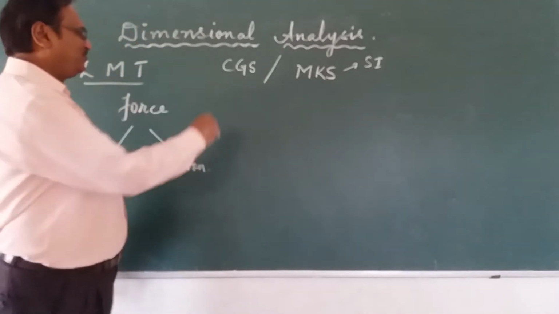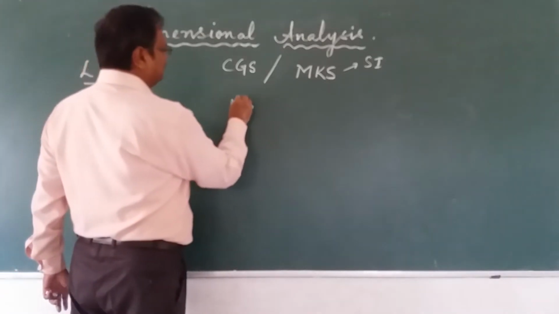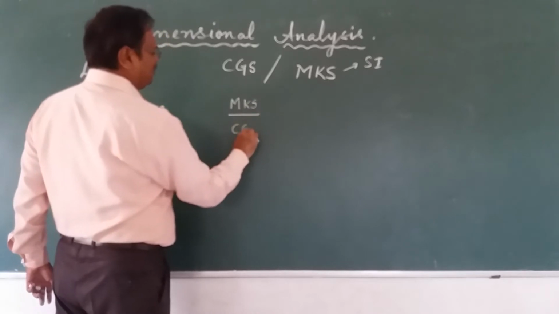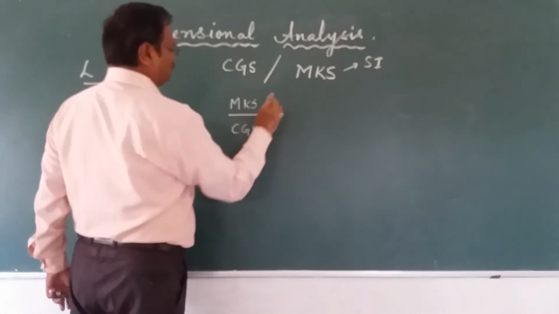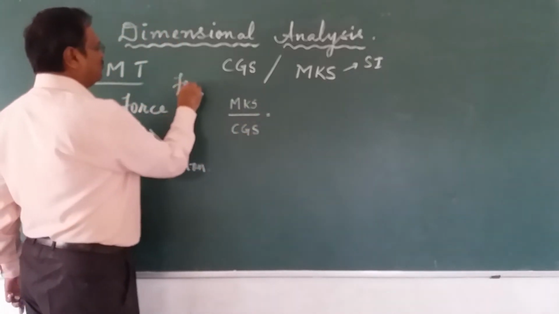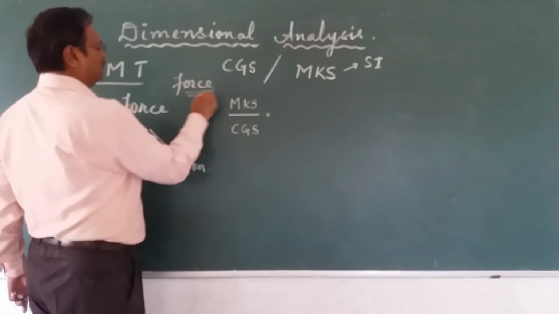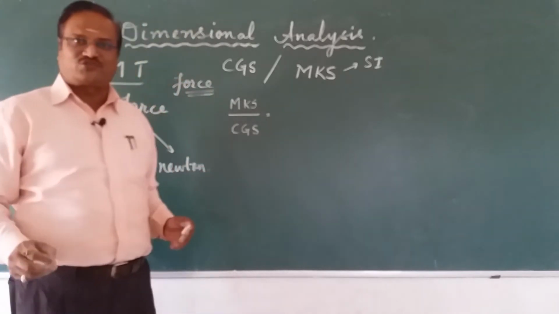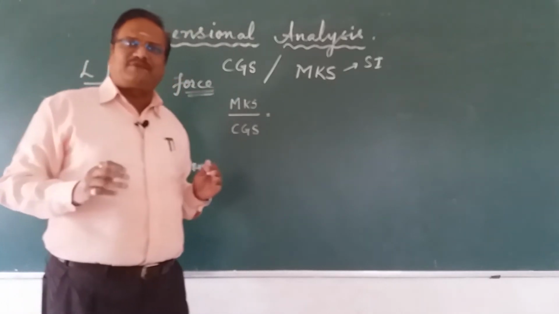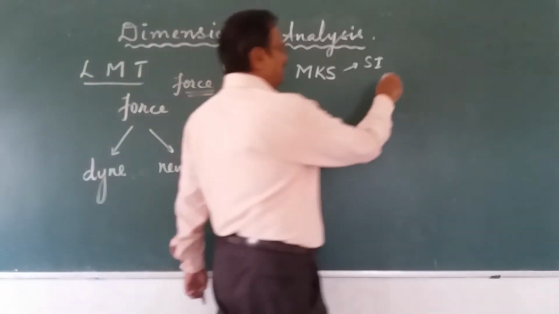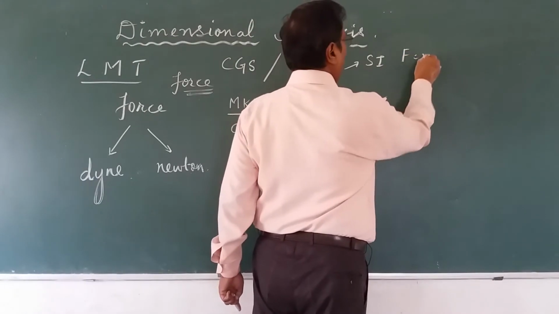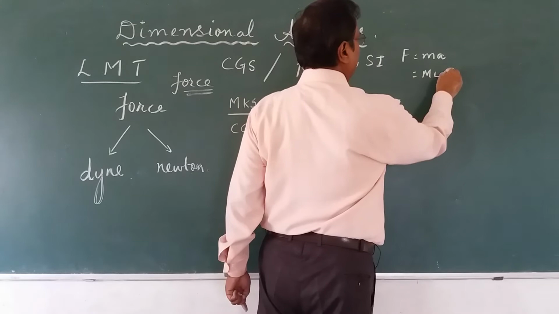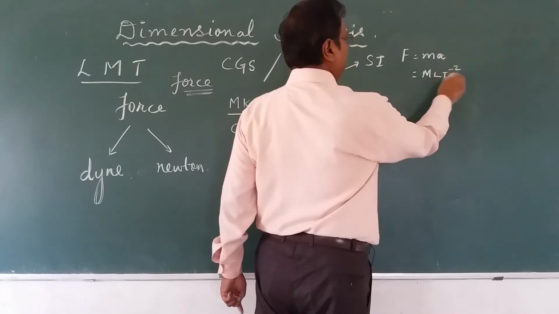So what I am going to do: MKS unit of force divided by CGS unit of force. Now I am taking the concept as force. First we should write the dimension of force. I really don't know the dimension of force, but I know the definition of force is equal to mass into acceleration. Mass is M, L T power minus 2 is acceleration.